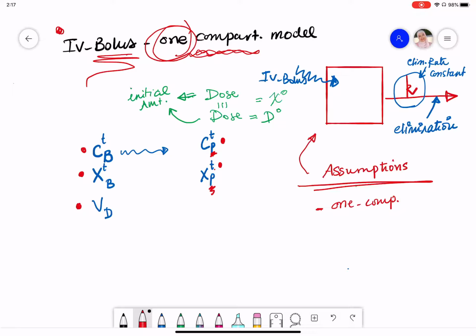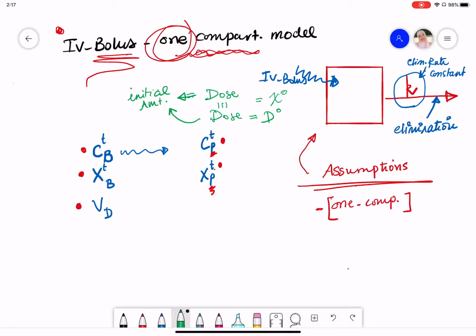And if we go back to the definition of one compartment model, we can find that the drug is under rapid equilibrium, or we have a rapid equilibrium between the systemic circulation and any other extravascular tissues or organs.